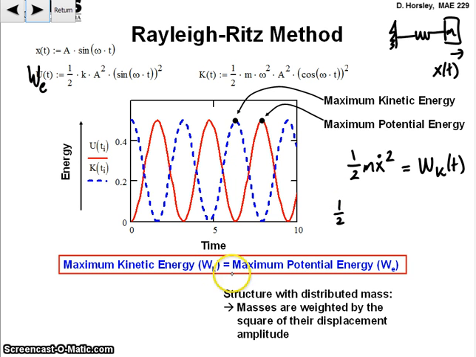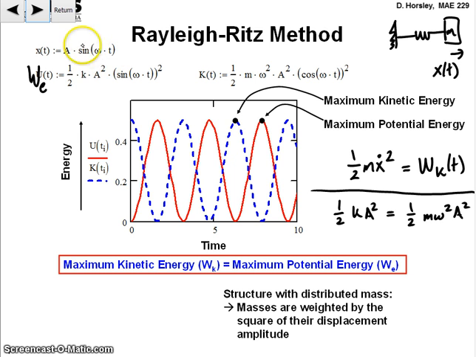So this WK is equal to WE says that 1/2 K A squared is equal to 1/2 M omega squared A squared. Okay, that's what we're saying here. It turns out that some stuff drops out. Actually, the interesting thing is, and we'll see this later on, the amplitude of the motion doesn't matter. It turns out to be arbitrary because it appears in both of these energy terms.